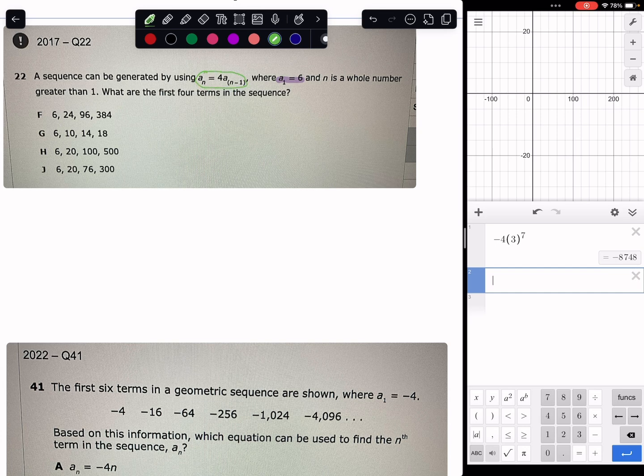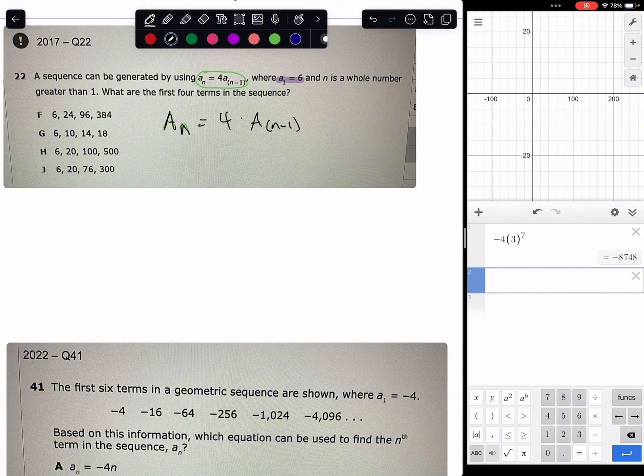Okay, now, the next thing we're going to look at is right here. And it's saying that our formula is going to be 4 times the previous number should give us the next number. So let's look at these. 6 times 4.